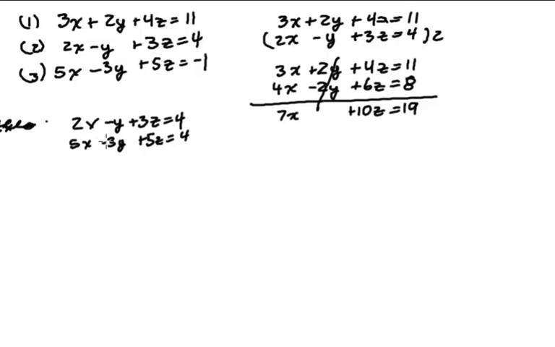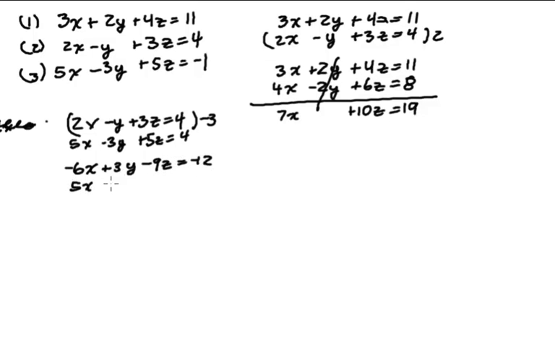Now I want to eliminate the y because that's what I eliminated here, so I can multiply this top equation 2 by negative 3. When I do that, this will turn into a positive 3y, and a positive 3y and a negative 3y will give me 0. So when I multiply by negative 3, I get negative 6x plus 3y minus 9z equals negative 12.